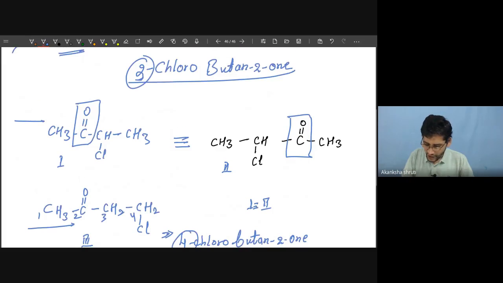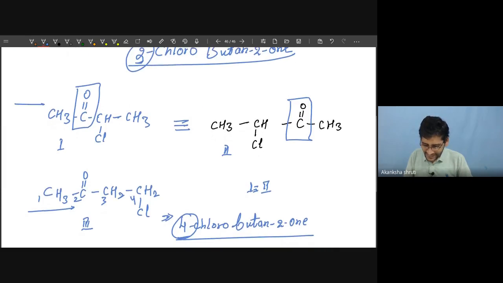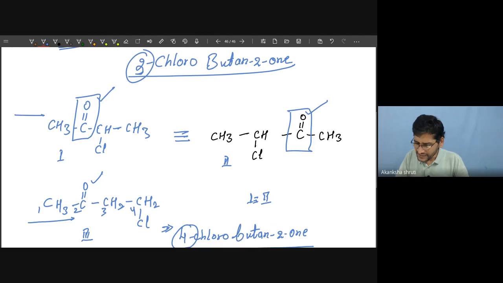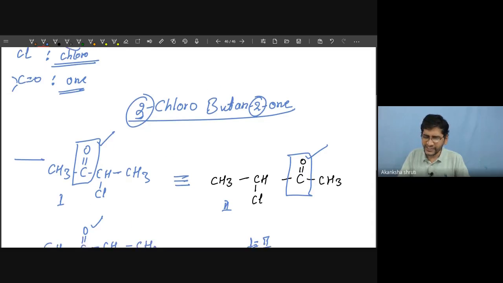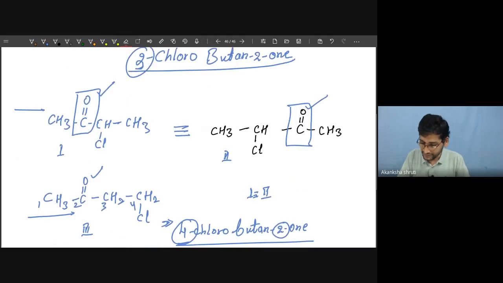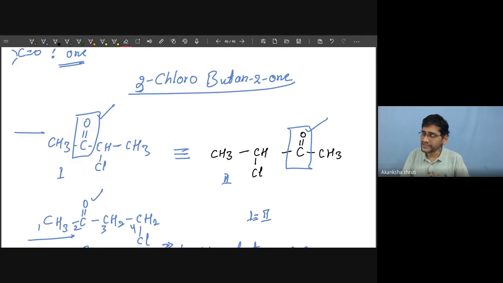So this cannot be dropped. But for maintaining the ketone as a functional group, whether I draw this structure or this structure or this structure, this ketone is always coming at the second position only. So many a time these two can be dropped. But the better habit is this 2 is also not dropped in a standard book or even in your examination. Correct? So this is the way of writing.